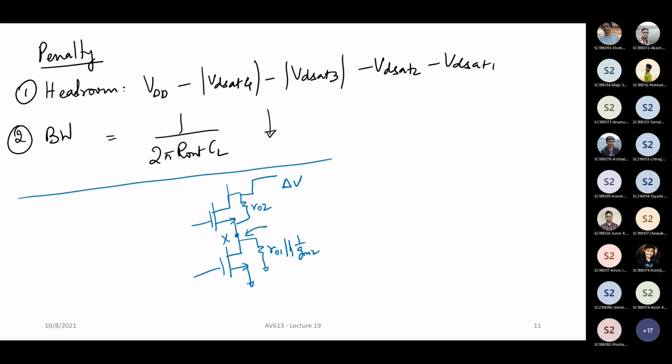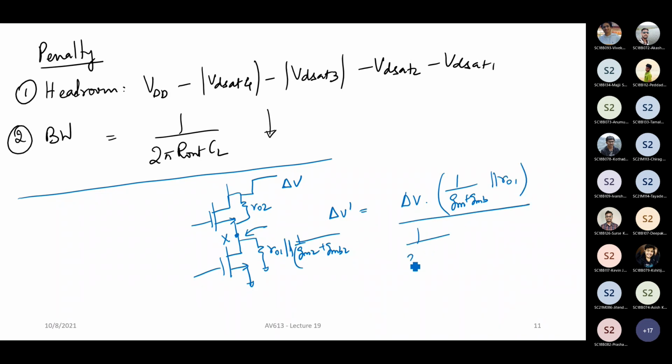So the swing at this particular point is 1 over GM2 plus let's say GMB2. So the swing at this point, V prime, can be taken as delta V times 1 by GM plus GMB parallel to R01 divided by 1 by GM plus GMB parallel to R01 plus R02.